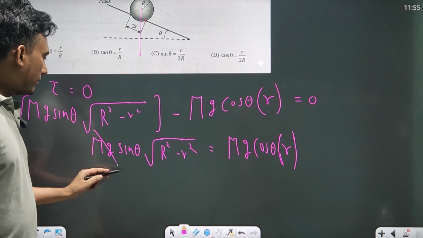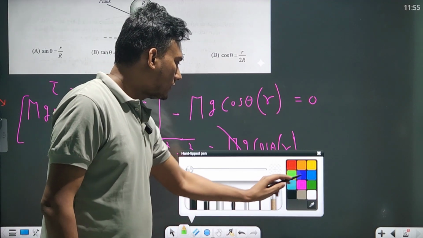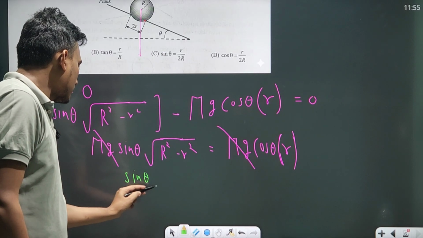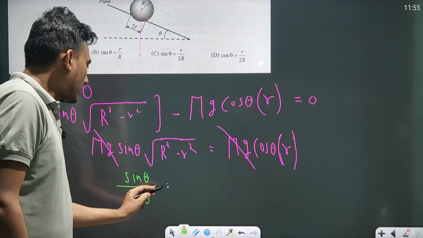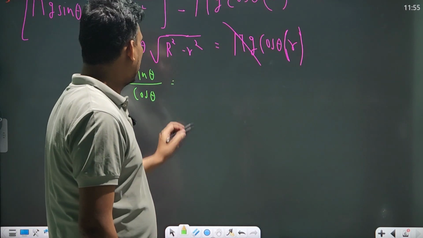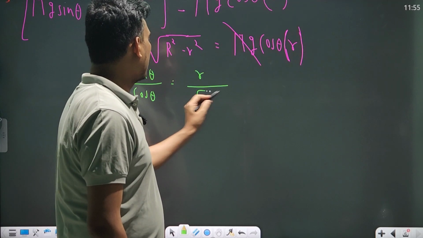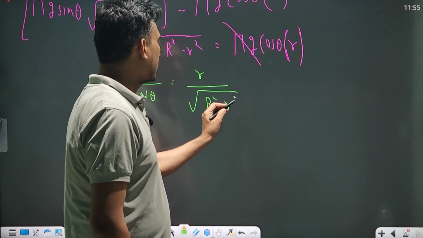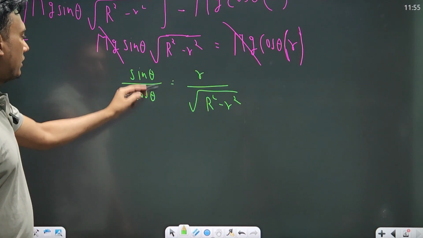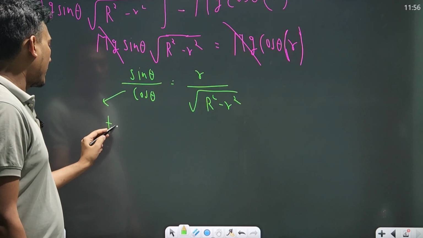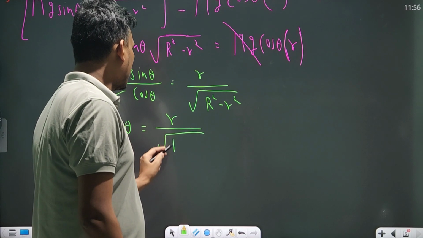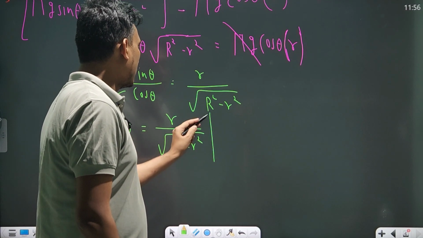Now mg cancels out. So sin theta by cos theta will be equal to small r divided by the square root of R squared minus small r squared. We can write sin theta by cos theta as tan theta. So tan theta equals r upon the square root of R squared minus small r squared. This is the tan theta.